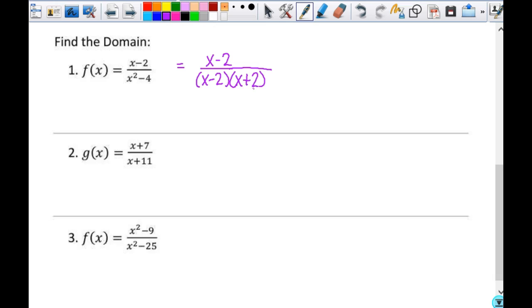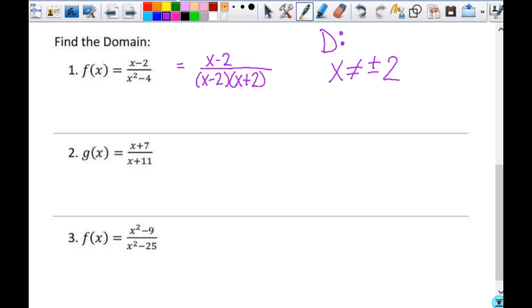What can we not have? Plus or minus 2, right? So x cannot equal plus or minus 2. It's basically whatever's going to make the denominator 0, right? That's all it is. So this is your domain. Are we okay with that?